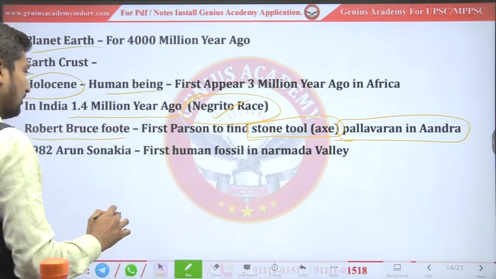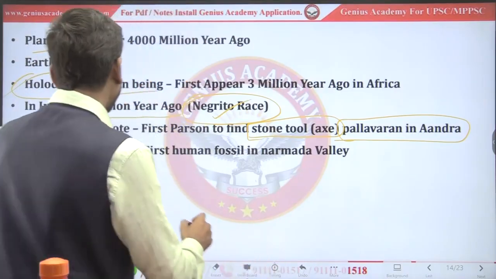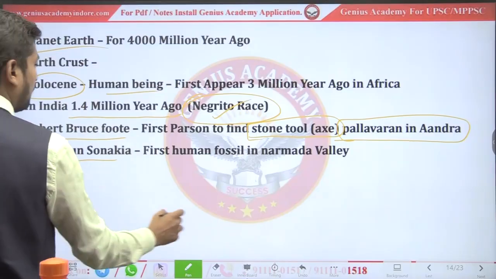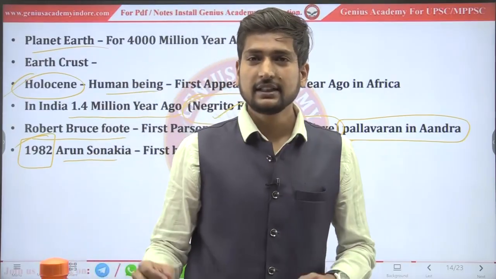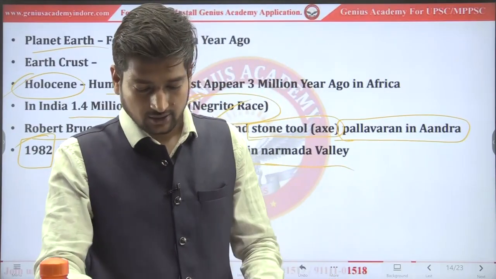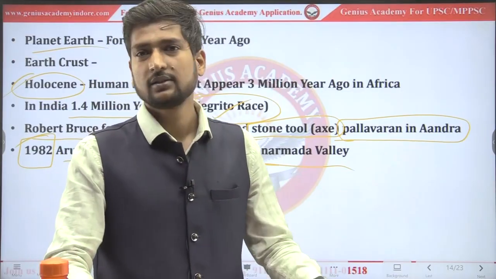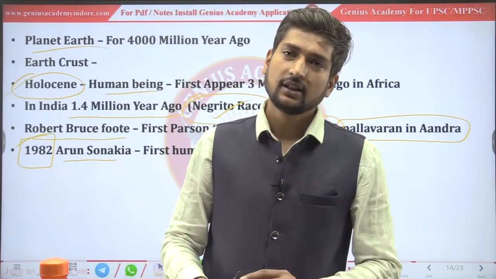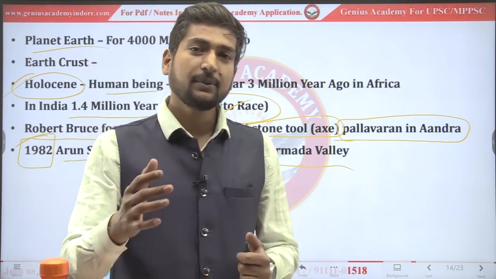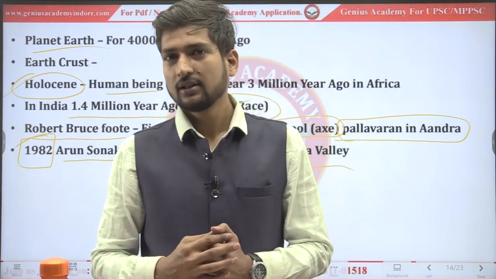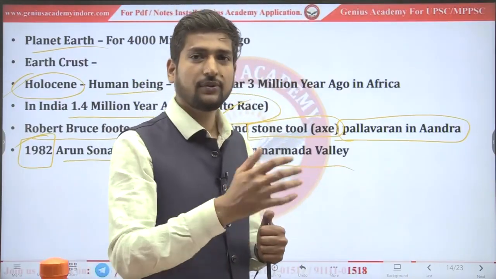After that, in the Narmada Valley in Madhya Pradesh, Arun Sonakia in 1982 found a human fossil. And what is interesting in this human fossil? After the discovery of this fossil, it was named Narmada Man. But after some period of time, archaeologists came to know that this fossil belongs to a female.